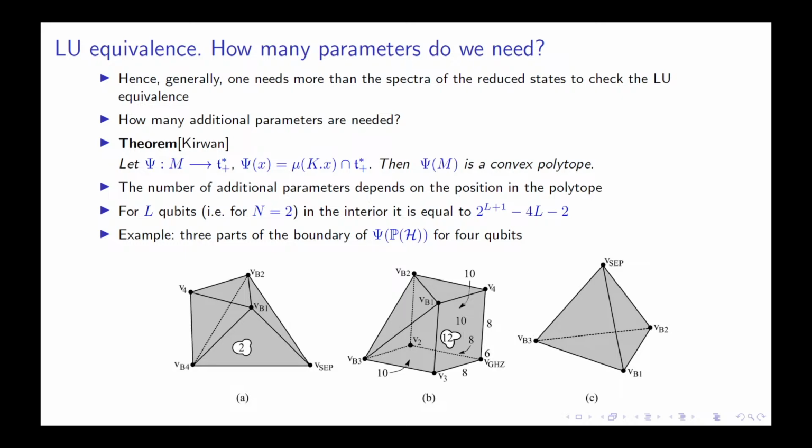And there are many of these polynomials. You have to have a set of these polynomials. If the set is large enough, then the values of these polynomials determine uniquely the orbit, okay?